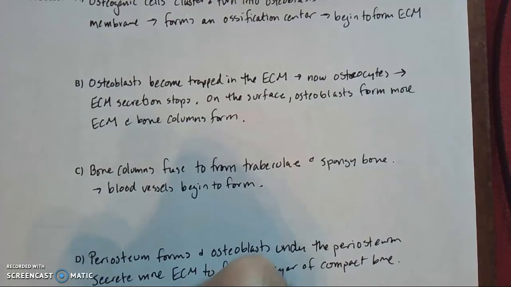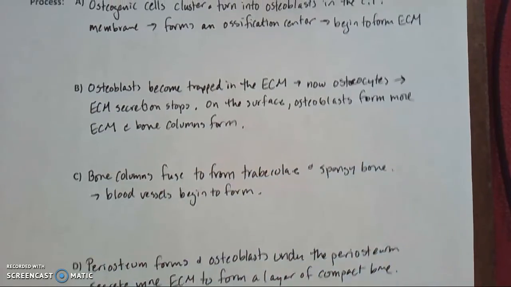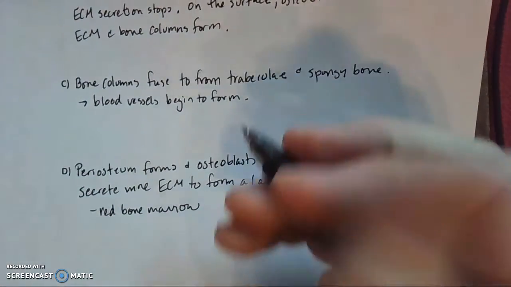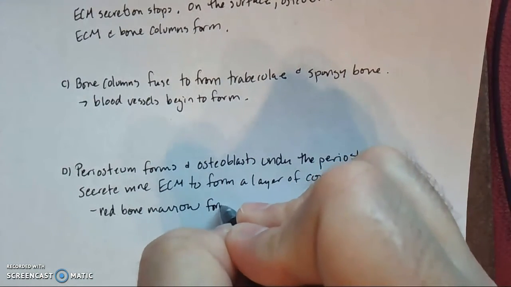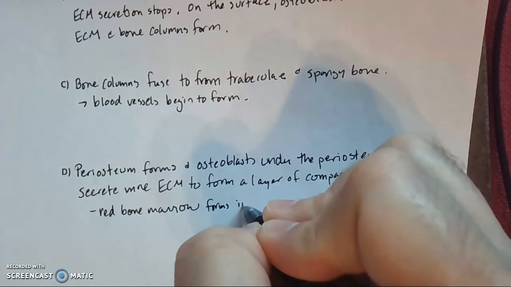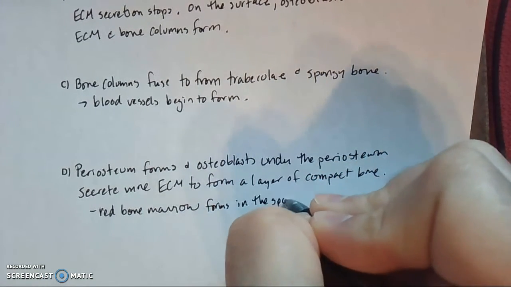And then eventually red bone marrow forms in the spongy bone.